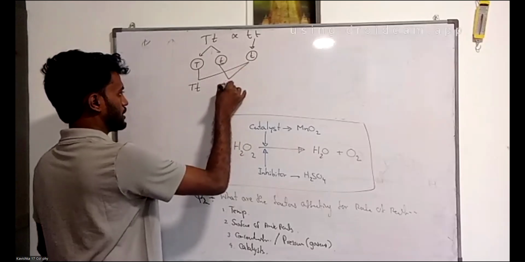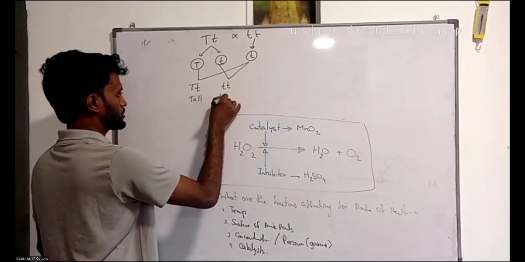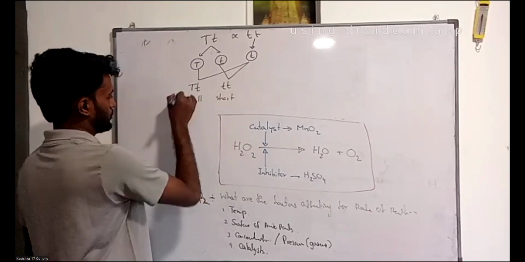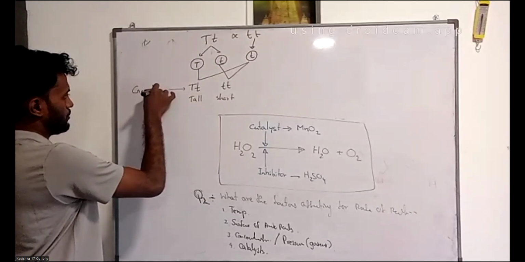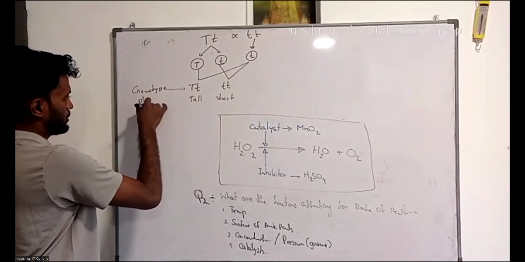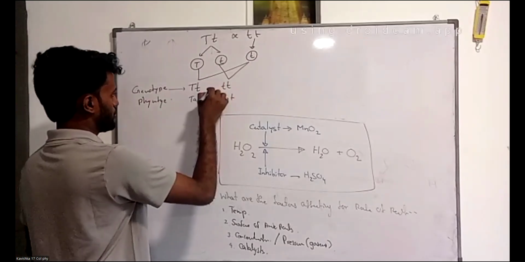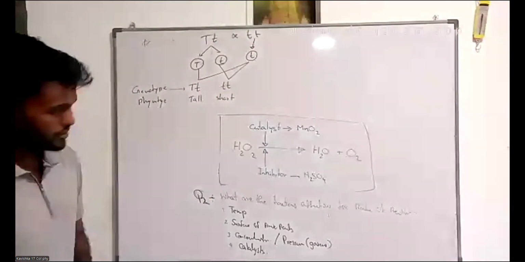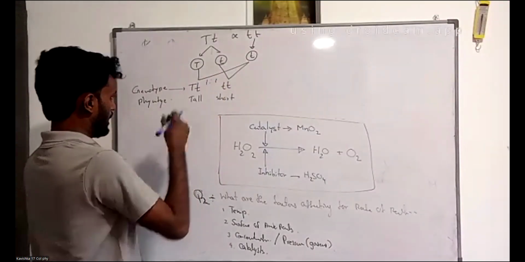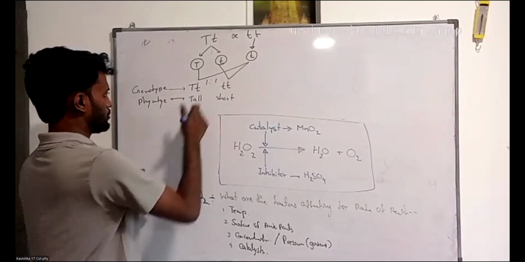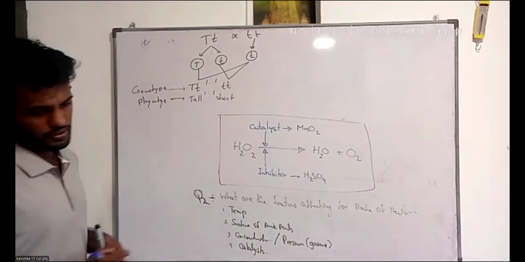Capital T simple T, and simple T simple T. One is tall, this one short. This is genotype, this is phenotype. Here, the genotype ratio is 1 to 1, and the phenotype ratio is also 1 to 1. Right? 1 to 1.